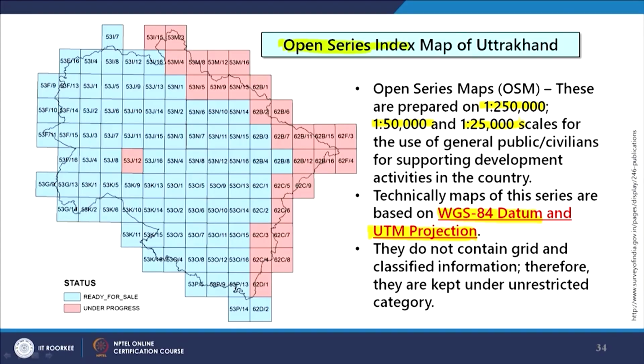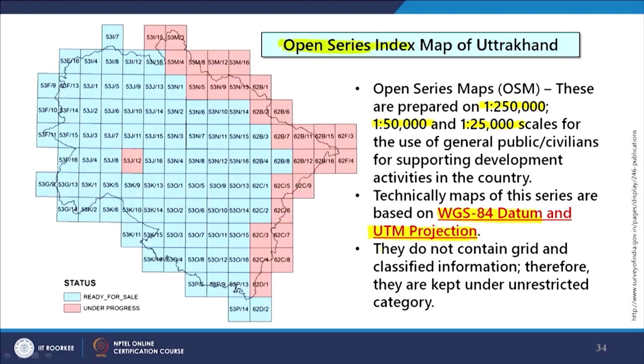In the earlier system we used to have a lot of restricted topo sheets and difficulties. And as you can see here, for entire Uttarakhand it is also showing the status, and all the blue ones are ready for users, whereas on the border areas or in the center there are some under progress.